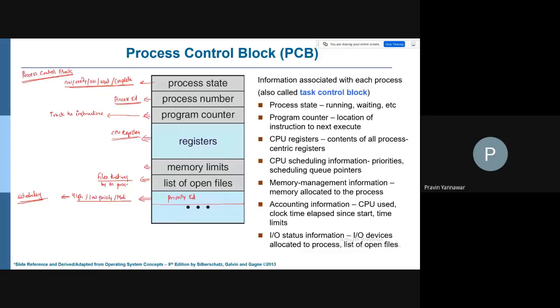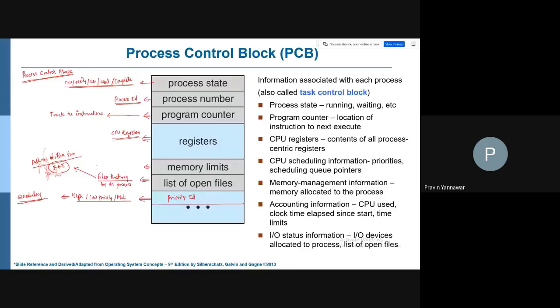This list of open files contains the addresses of files from the FAT. Here FAT stands for file allocation table. So this is how it will take us from this.